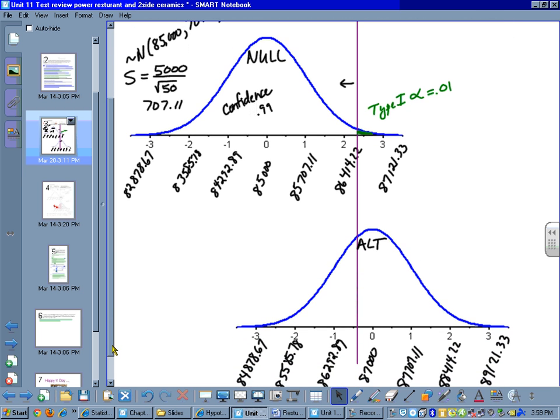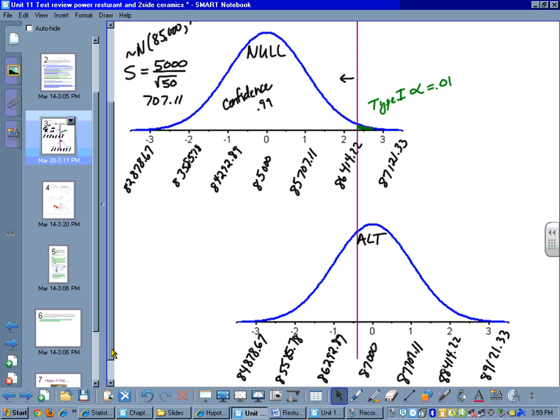All right, so now I have to find the X bar score and the Z score located at this cutoff. I know that Z is going to be 2 point something, and X better be 86 something. So to find that, I'm going to have to look up 0.01 on my table.